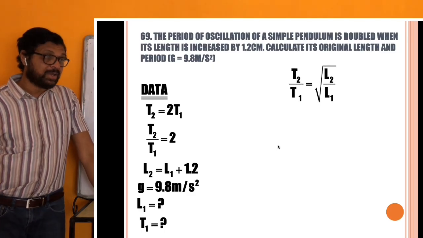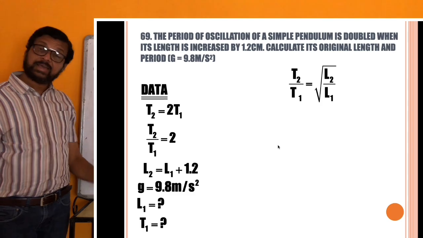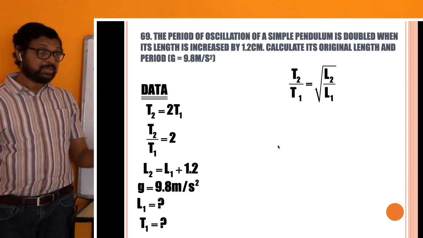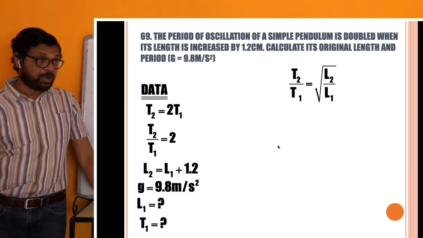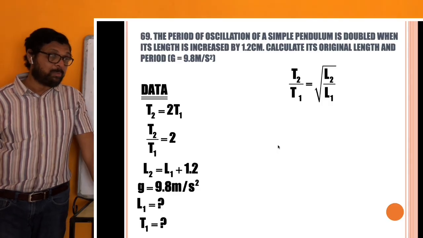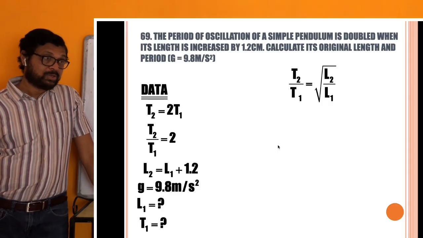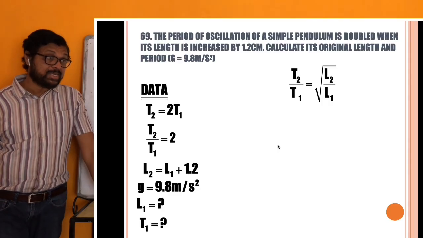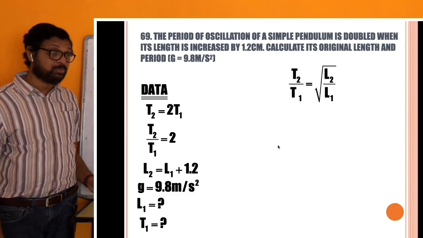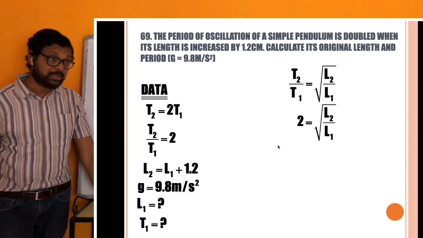T2 upon T1 is under root L2 upon L1. Right? T2 upon T1 is 2, and in place of L2 we write L1 plus 1.2. So 2 is equal to root of L2 upon L1.